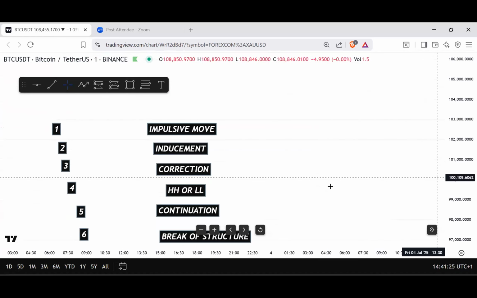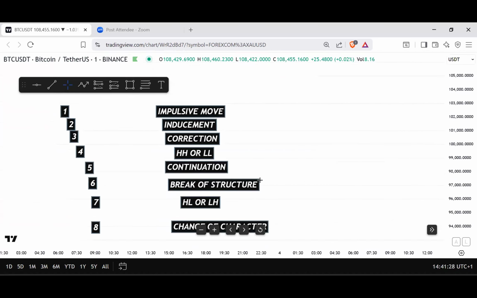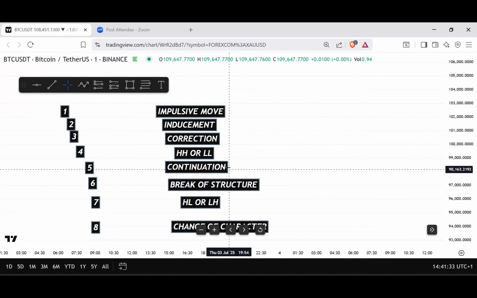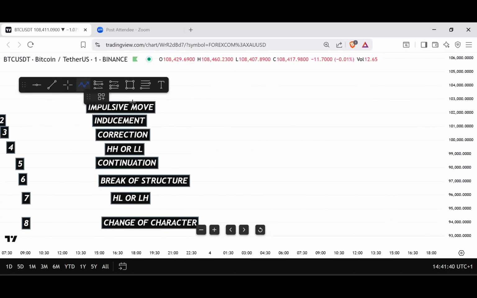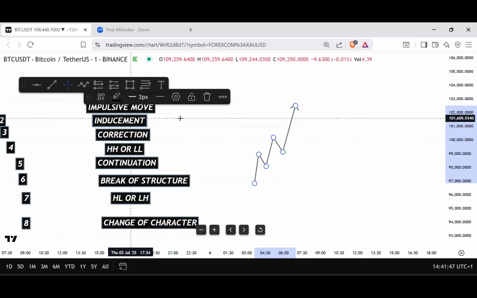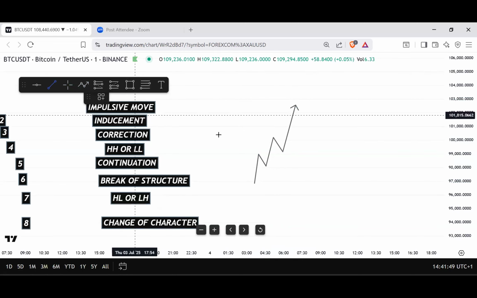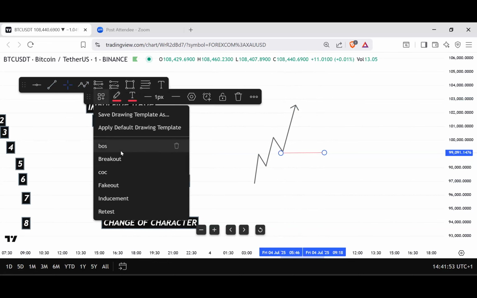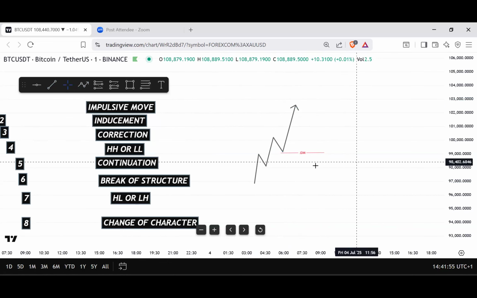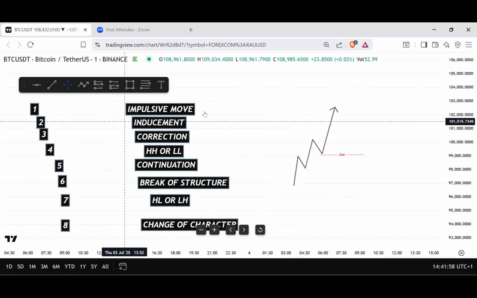Get it? Of where our entry will be. It is usually on this number 5, the area we are looking to enter, after we've seen the impulsive move, that's number 2, and we've seen correction.